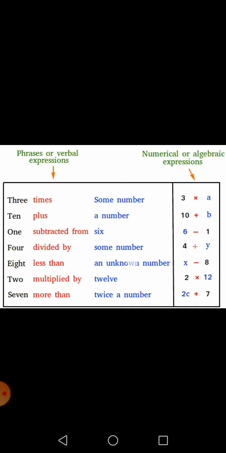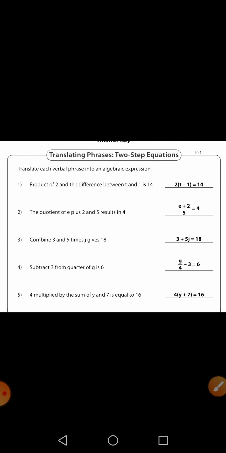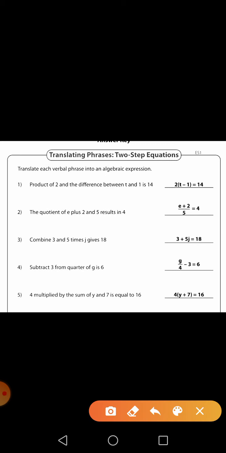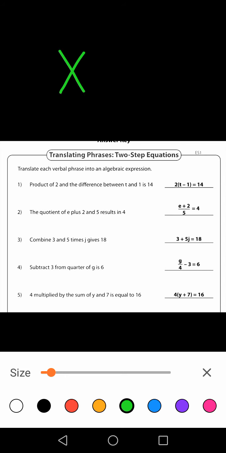Okay, let's see some examples. Here, let's solve it together. The product of 2, so you will translate product, which means times. The product of 2 and the difference between t and 1. Read with me.